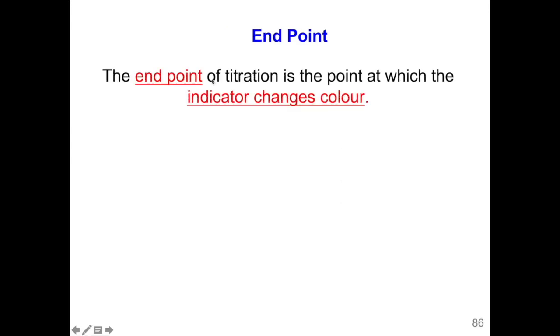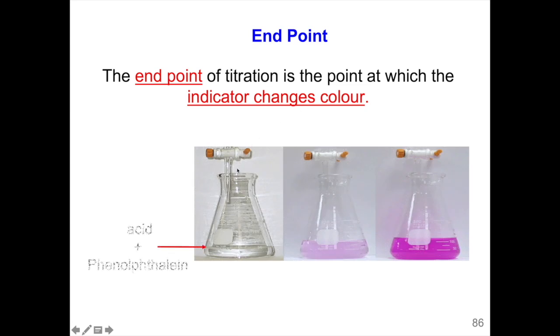Next is endpoint. The endpoint of titration is the point at which the indicator changes color. So let's say we want to neutralize acid with base. We put a few drops of phenolphthalein into the analyte, into the conical flask, before we start the titration.